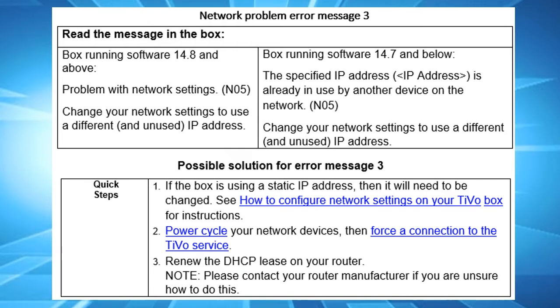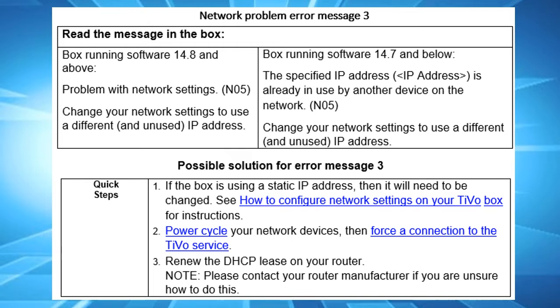Change your network settings to use a different and unused IP address. The possible solution for error message 3 has three steps. If the box is using a static IP address, then it will need to be changed. See how to configure network settings on your TiVo box for instructions. Second, power cycle your network devices and then force a connection to the TiVo service.